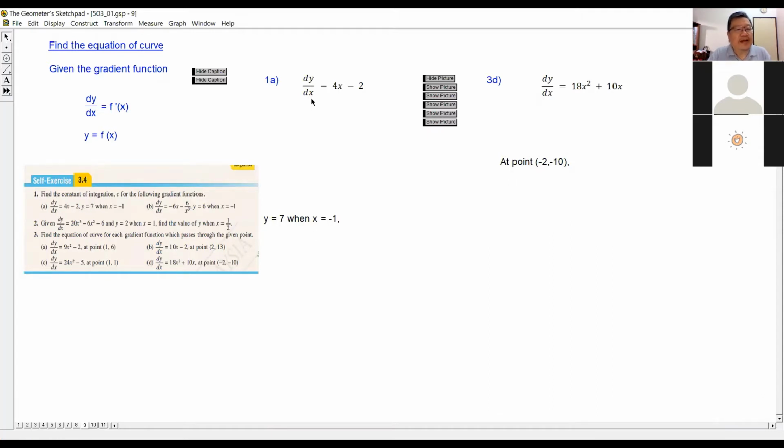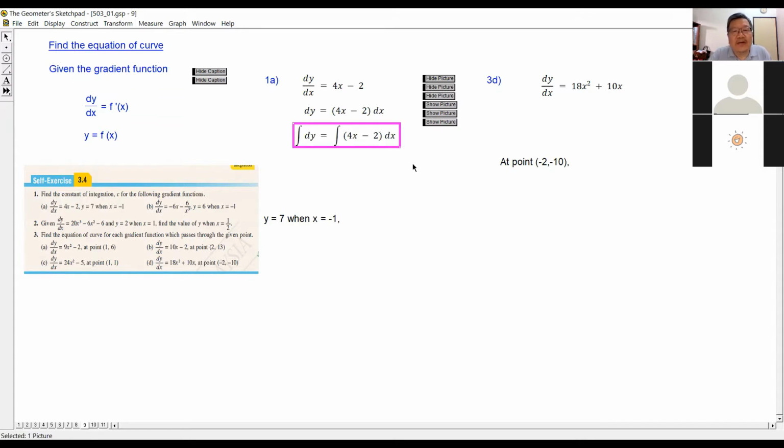So today we are going to find the value of c. The first example, dy/dx is 4x minus 2. For the first few questions, I show you how we split up the two things. The dx you bring over to the other side, so dy equals (4x minus 2) dx, the whole thing in brackets, then the dx.